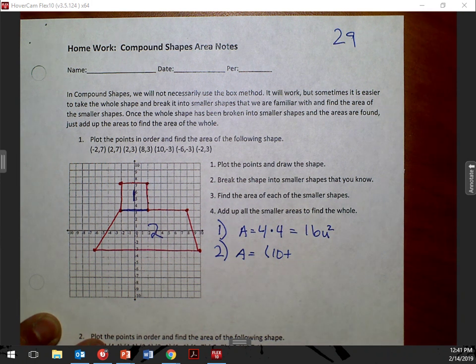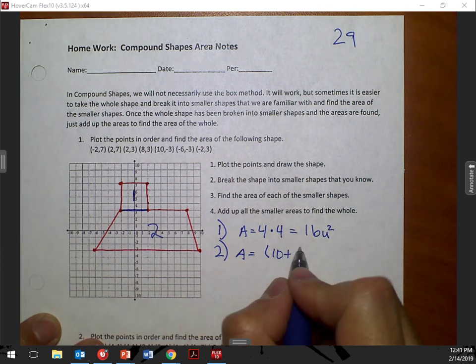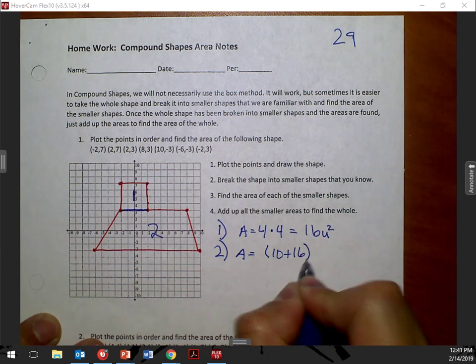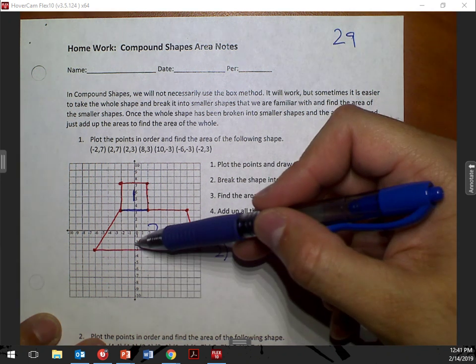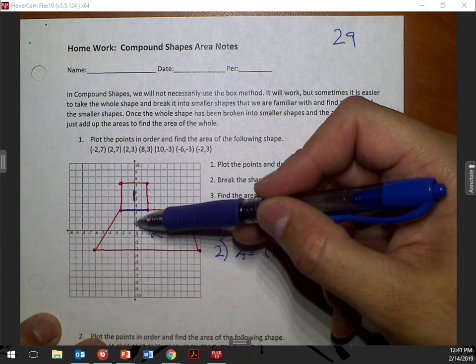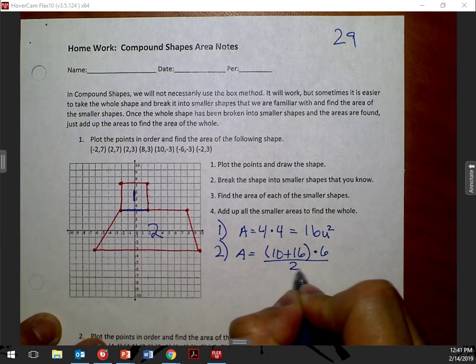Wait, going up? No, that's the height. I want B2. 16? Oh, yeah. Remember, it's down here. It's all the way across here, right? Yeah. That's going to be 16 times, what's the height? 6. 1, 2, 3, 4, 5, 6. And all that there is divided by 2.